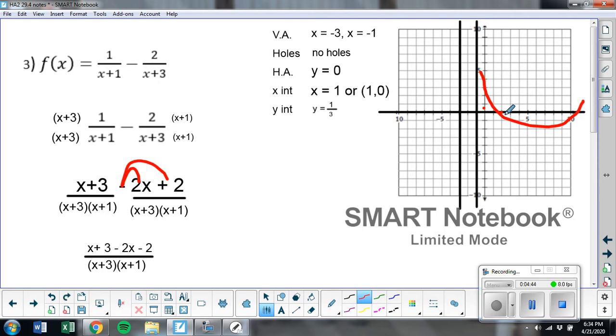So it can only touch that one time. So the only way to connect this point with this point is for the graph to do this. We don't actually have to plug in a point because we know it's going to stay below there because it's never going to come back up. And it can't stay at 0 because it's not going to end at 0. It's going to end slightly above or below.